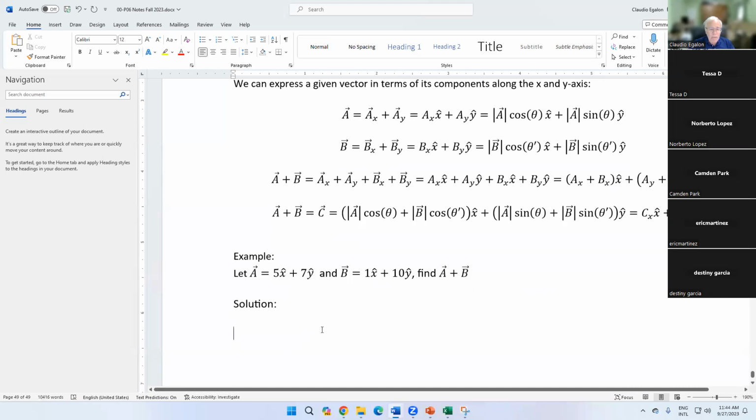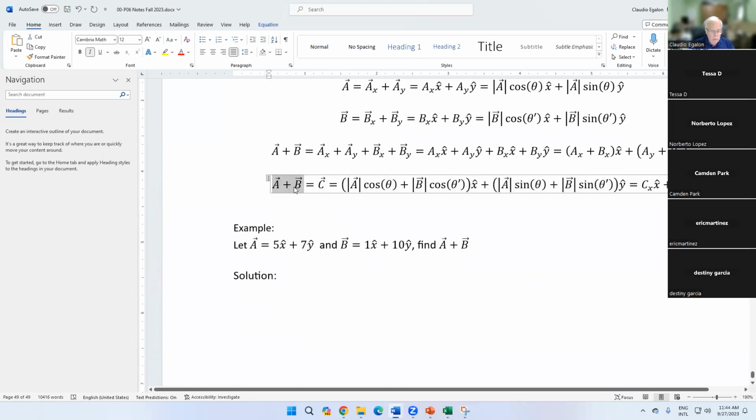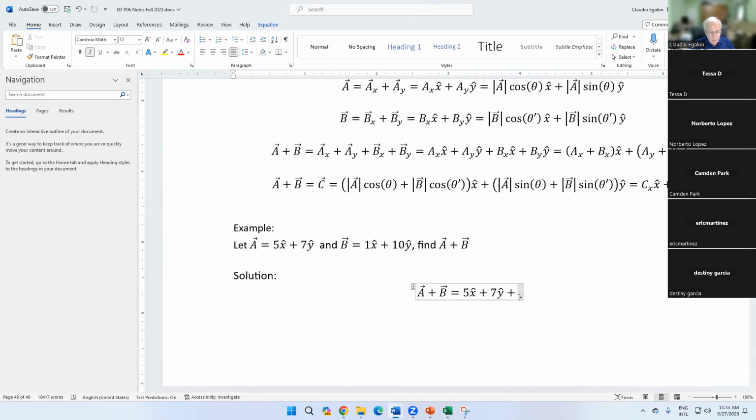So if you paid attention, you should be able to solve this example rather easily. Just copy my A vector right here and sum it with the B vector right in here.